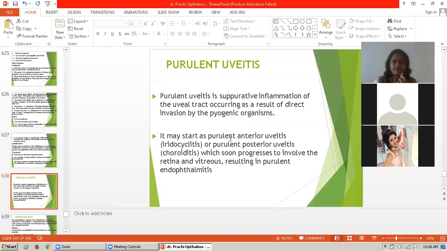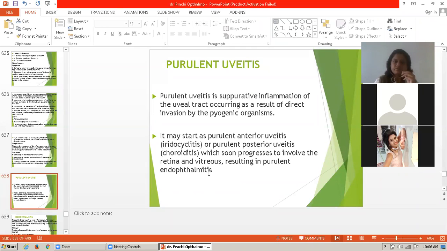It may start as a purulent anterior uveitis, that is iridocyclitis, or purulent posterior uveitis, that is choroiditis, which soon progresses to involve the retina and vitreous, resulting in purulent endophthalmitis.